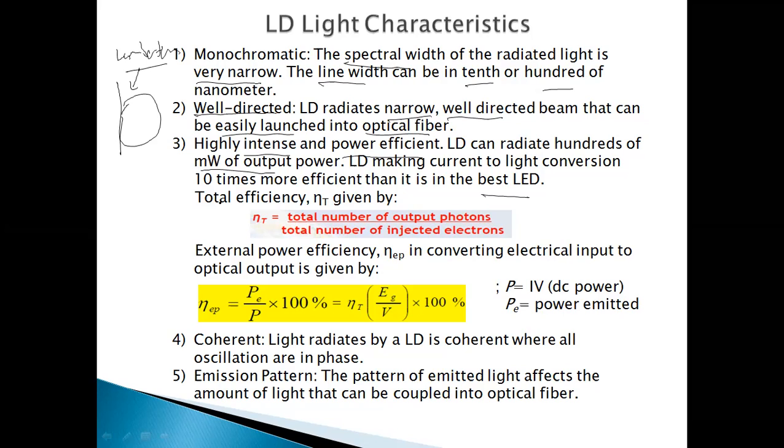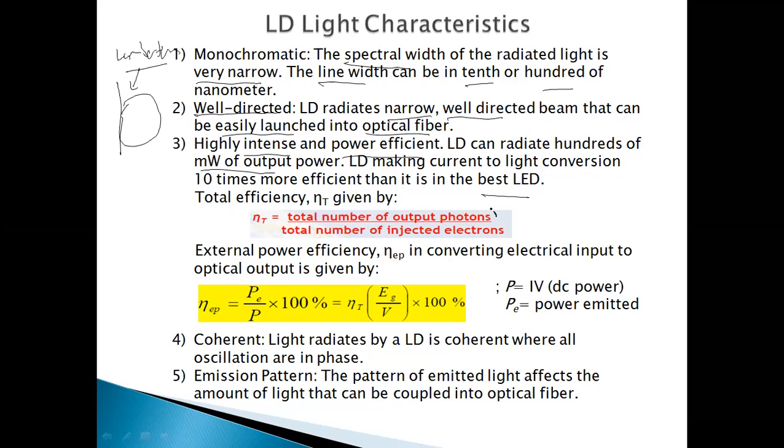It is given here that the total efficiency of a laser diode is given by this ratio. Efficiency is given by the total number of output photons divided by the total number of injected electrons.